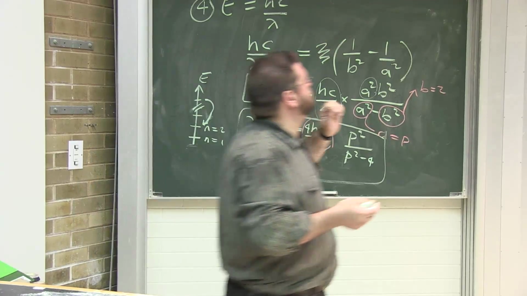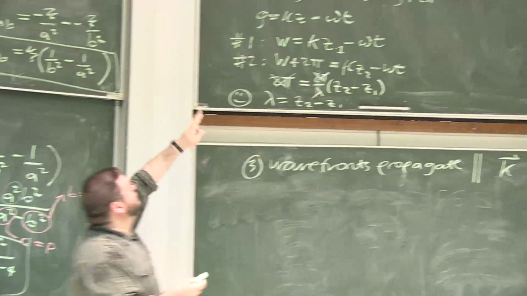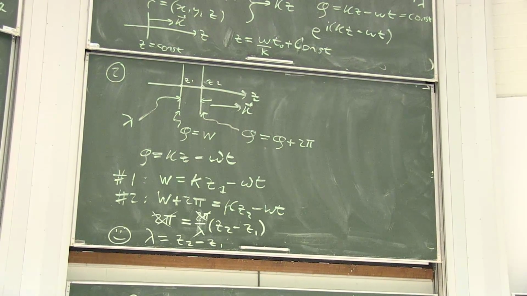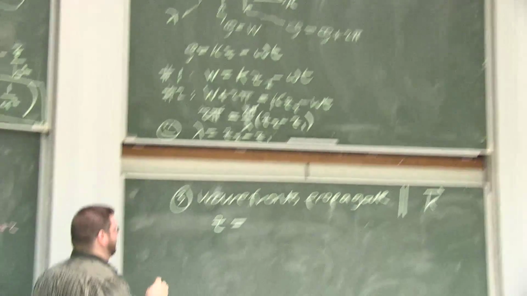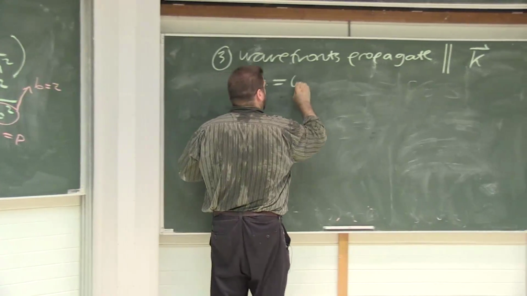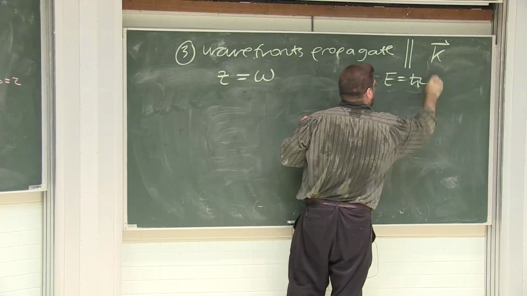So let's take, which expression? The very bottom of the top board, right? Z, this is the z coordinate of a wavefront. Angular frequency is fixed because the energy is fixed.